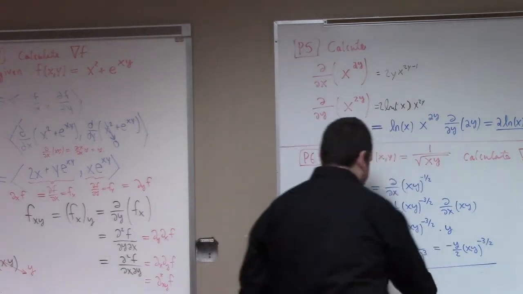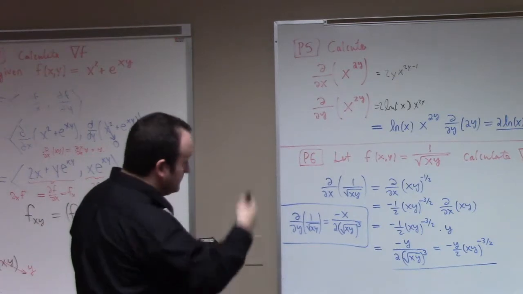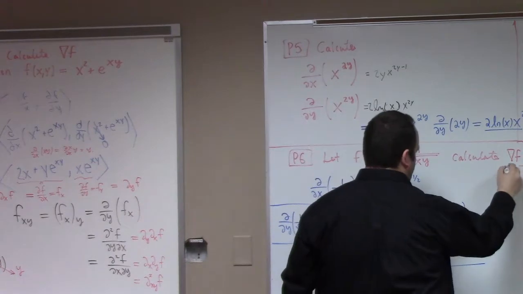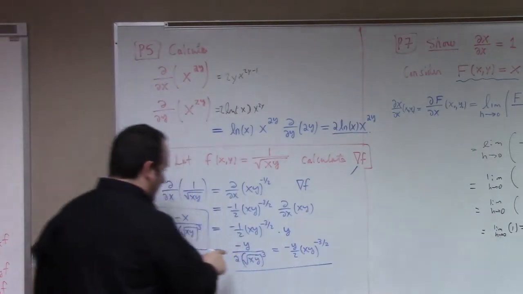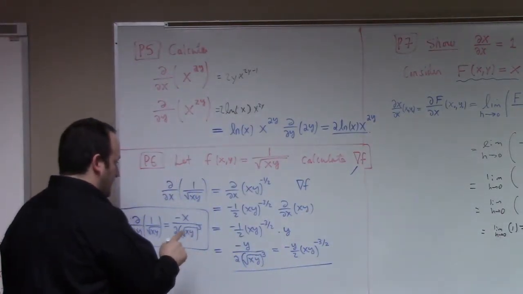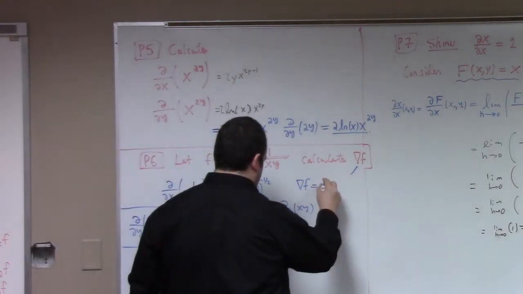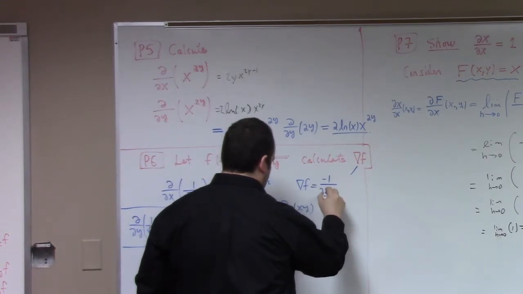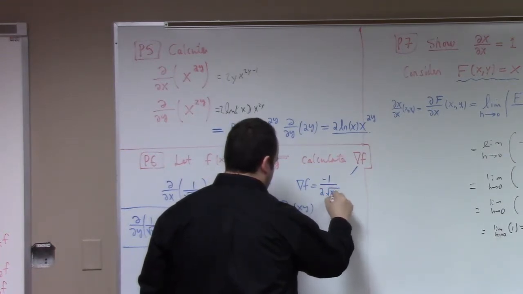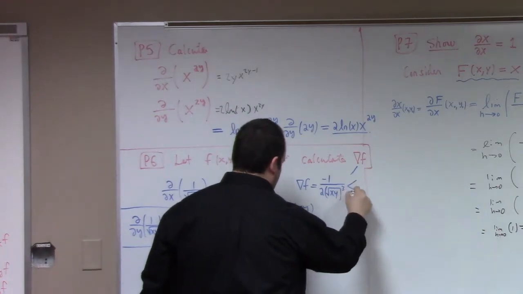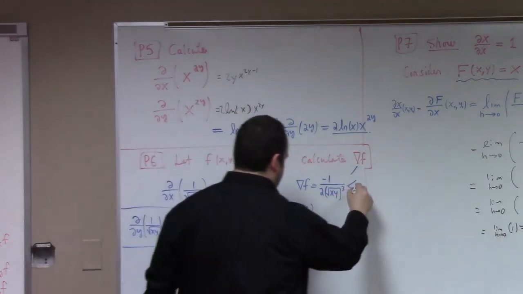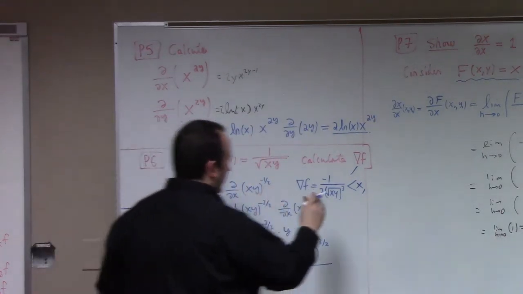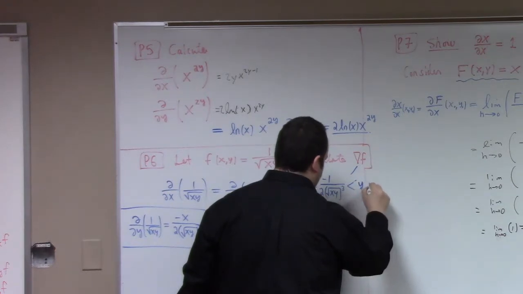Wouldn't you write the answer in the vector notation? Oh, I'm sorry, I forgot my question. Thank you, yes. So in fact, this gradient of f, looking at that, I can make my life easier by just saying it's really minus 1 over 2 square root of xy cubed, and then I'll just keep my y and my x.